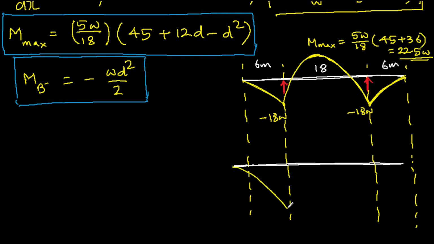So D value has increased from 6 meters, so its value will go down. Similarly, because this has become smaller, this will be something like this, and this parabola will not be a symmetric one, and it will be something like this.